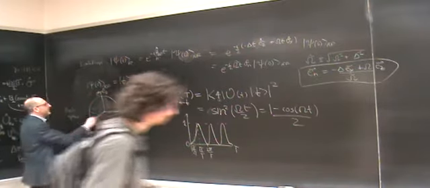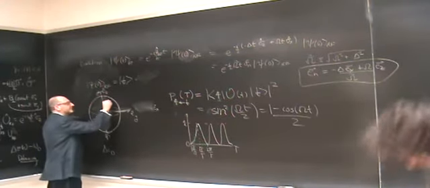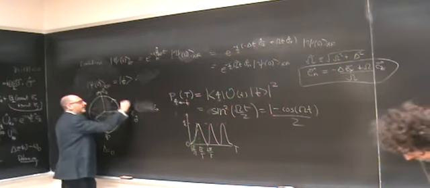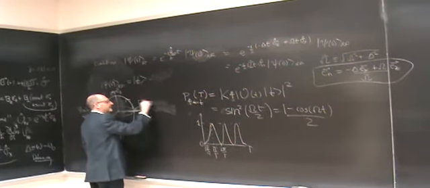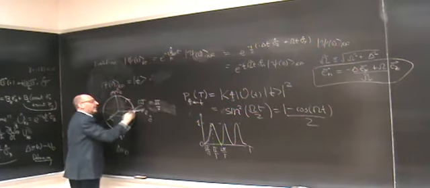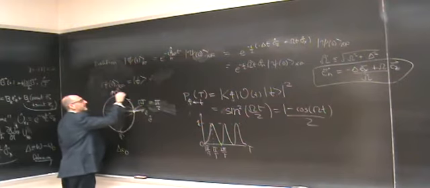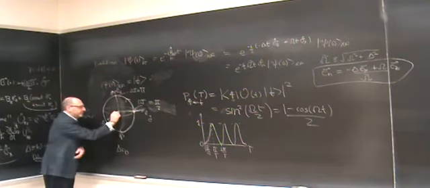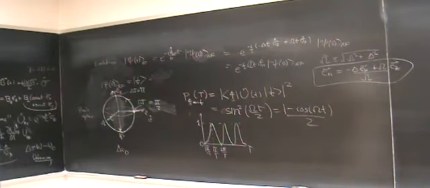Then this guy will precess around this circle, right? So that when omega t is equal to pi over 2, I'm along this axis, and when omega t is equal to pi, I'm here, etc. Okay, so the spin is precessing around the x-axis from spin down to spin up.